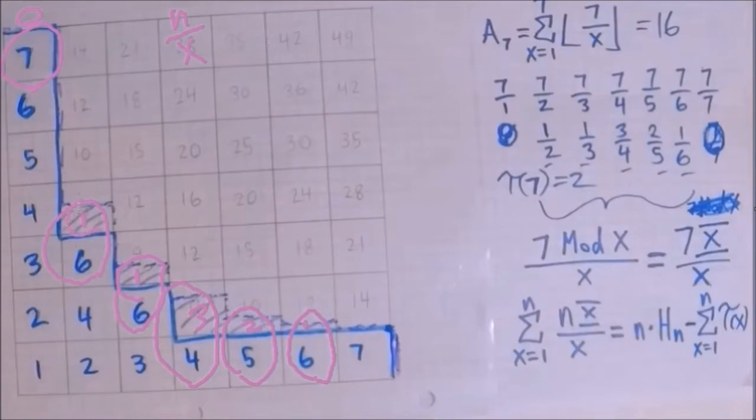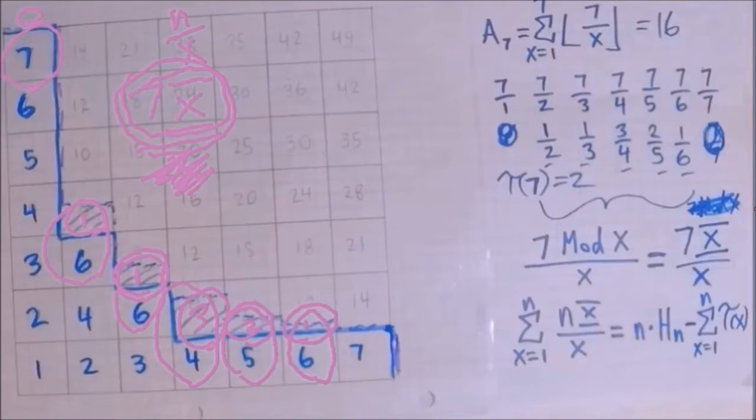What are these numbers? Well, they are just the residues. So the fractional part, as we recall, is going to be 7 mod x over x. So the numerators, the 7 mod x, are these numbers. 7 mod x, just not divided by x.